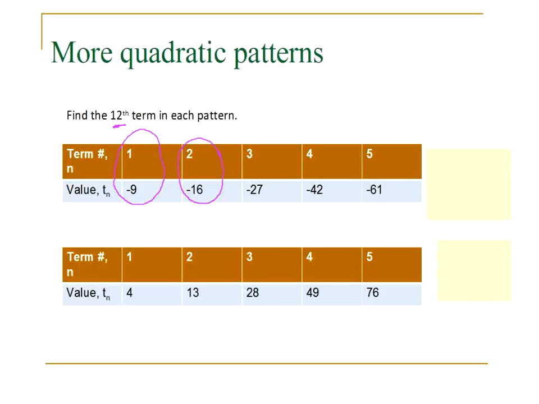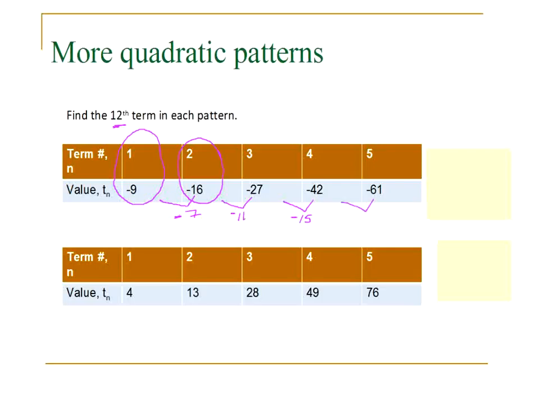So for this case here, I have negative 16 minus 9 is negative 7. Negative 27 minus negative 16. What is that? Negative 11. Negative 42 minus negative 27, negative 15.